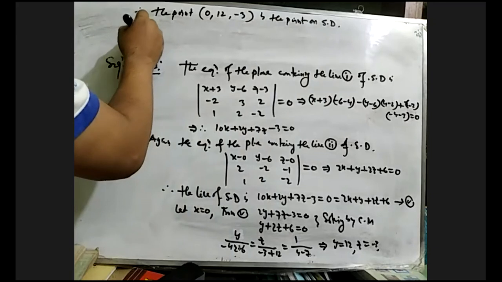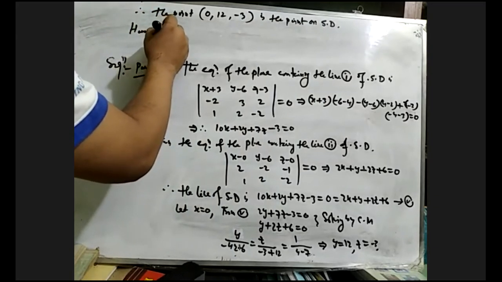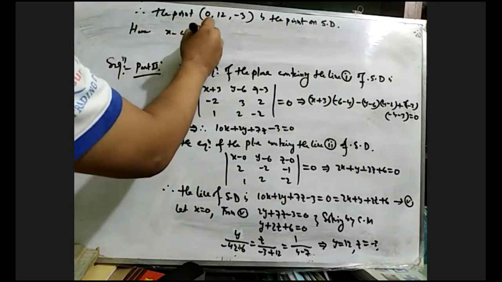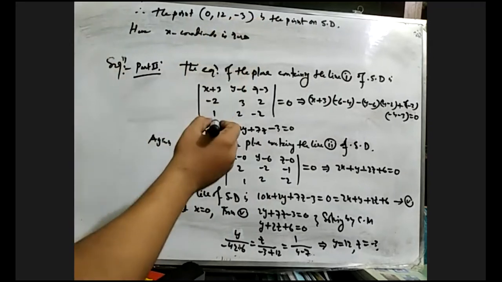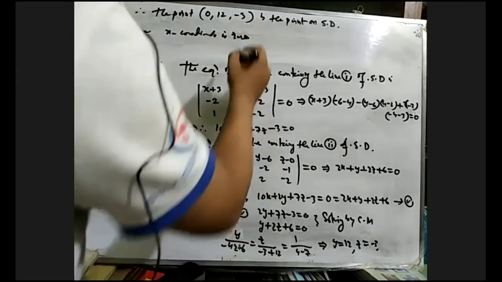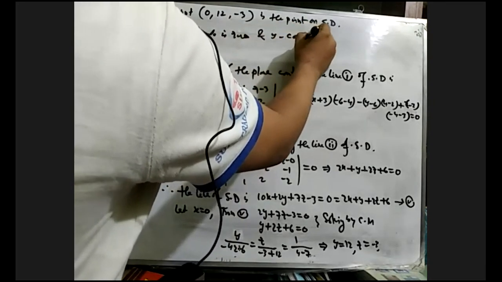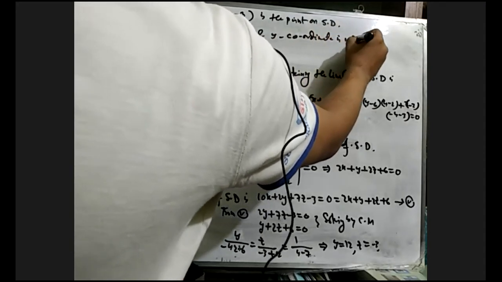Hence the x coordinate is 0 and the y coordinate is not 0 from this point.